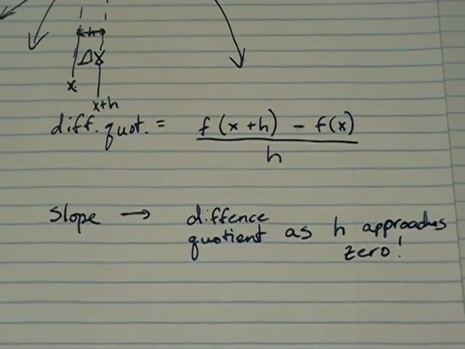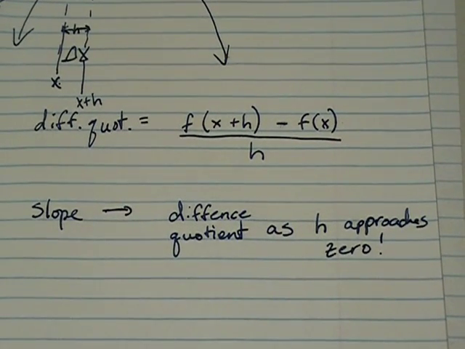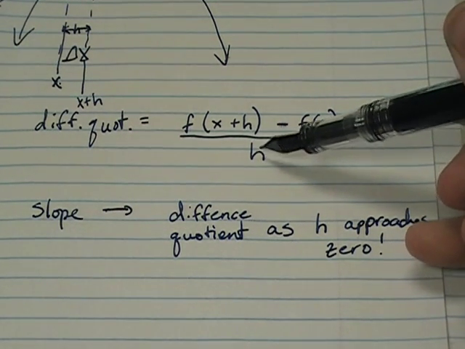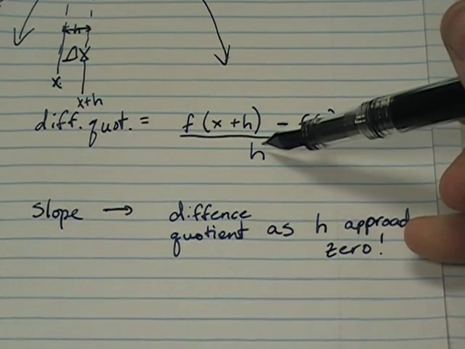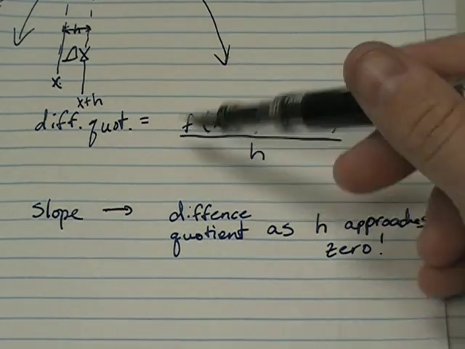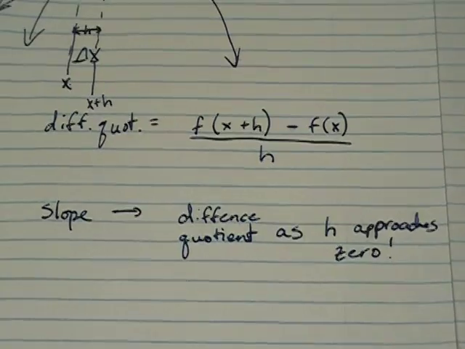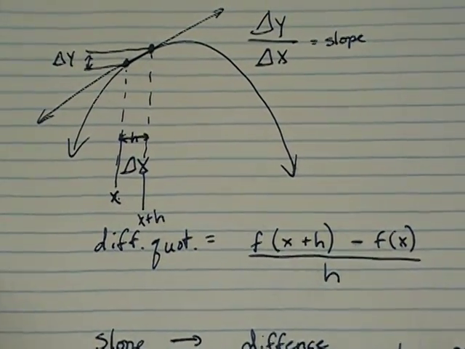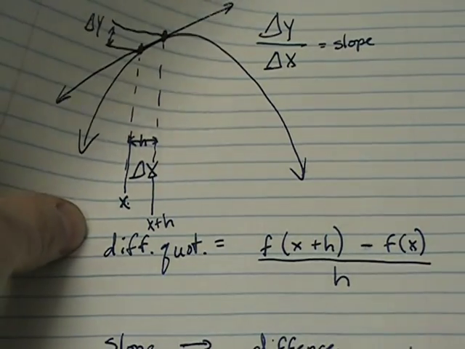The slope of a curve is the difference quotient as h approaches 0. So when this number here becomes so very small that it basically becomes 0, this will give you the slope of the line, or in particular, the curve. So that's why we learn difference quotients, so we can find the slope of curves.